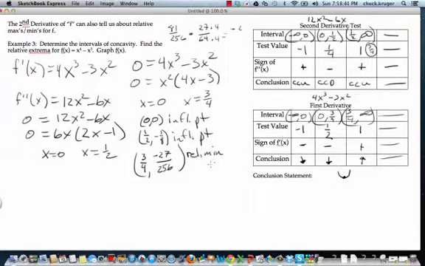All right, let's see if I can come up with a graph of what this looks like. I know it's concave up till it gets to 0, and then I have an inflection point and concavity changes, but it's going to keep decreasing. So now what I'm going to do is go concave down.